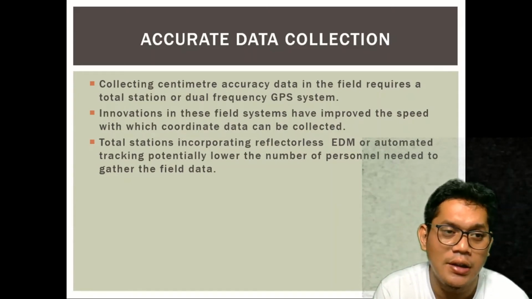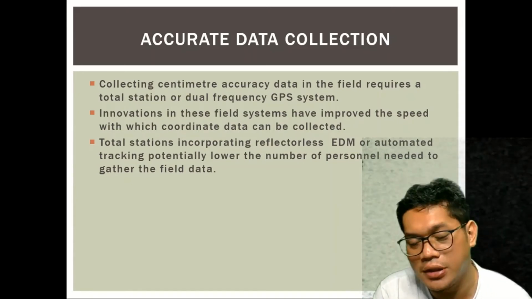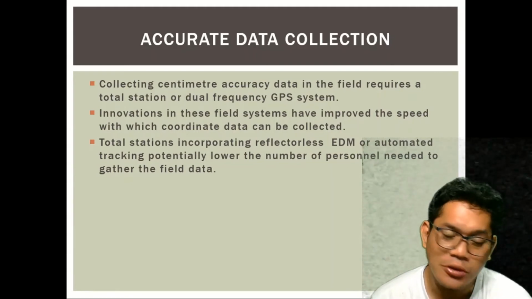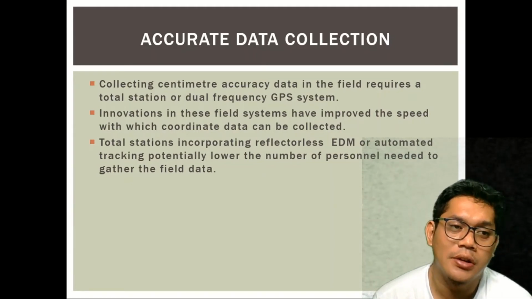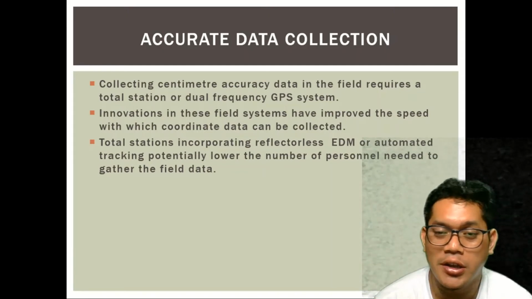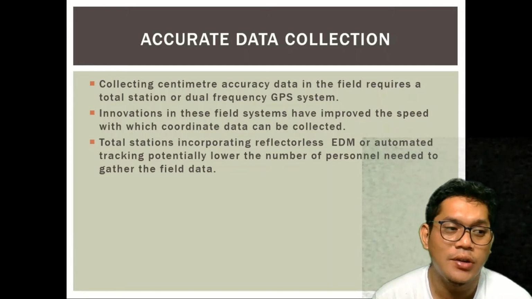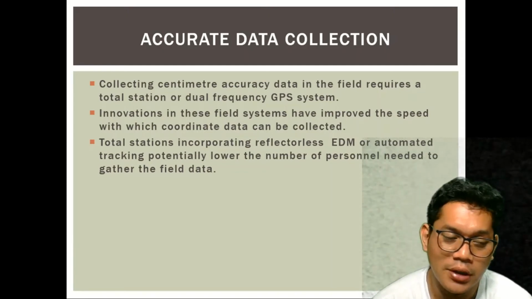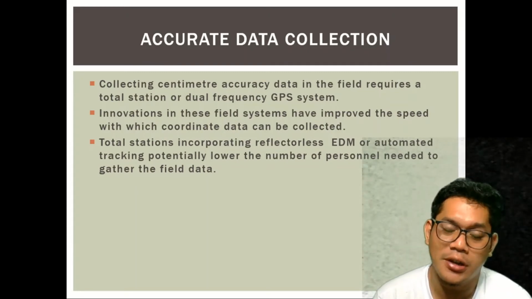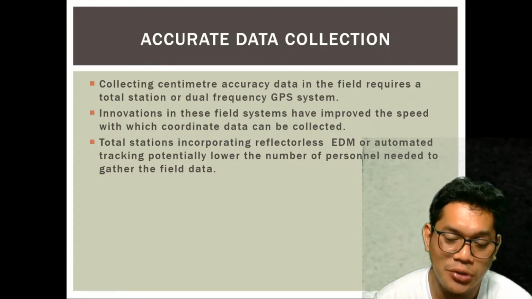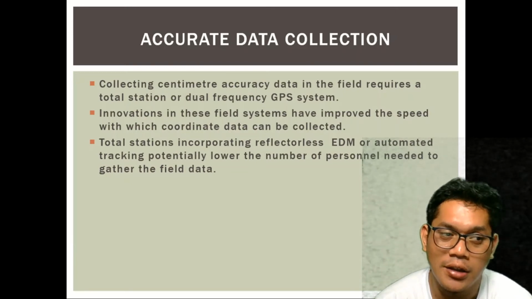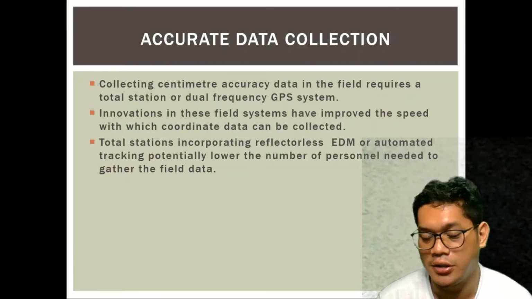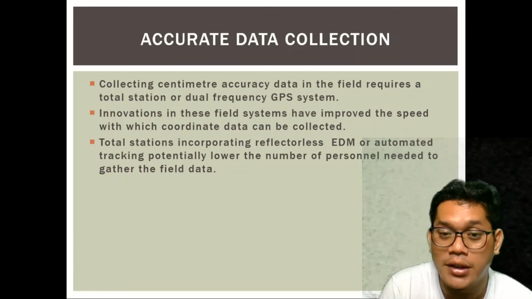However, it's still expensive. Taking an example, by using a drone, we reduce the cost to acquire aerial photography. However, you must have the right person to do it, the right hardware to do it, and the right steps to do the processing. Therefore, it still incurs cost and time as well.